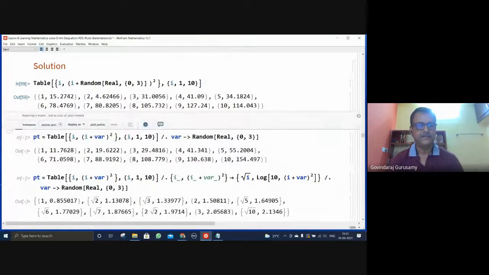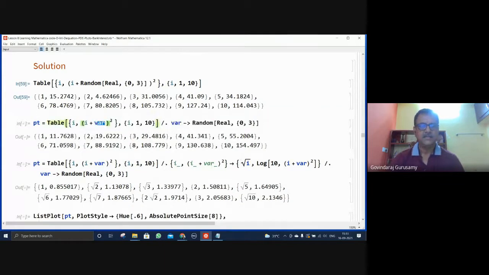Okay, fine. Now, this is replaced. You see, this var variable has been replaced by the same thing that has been given here. This is a rule replacement. Substitute here, and you would get similar results here.